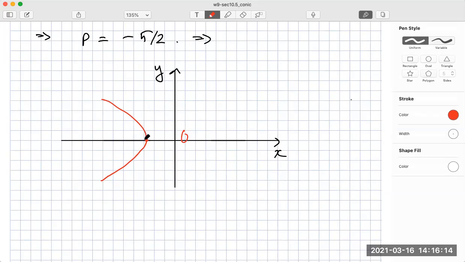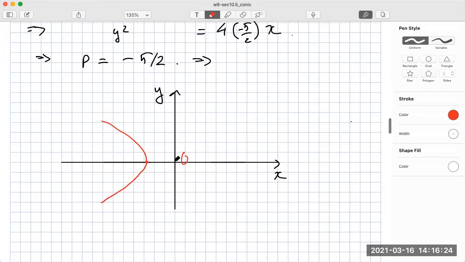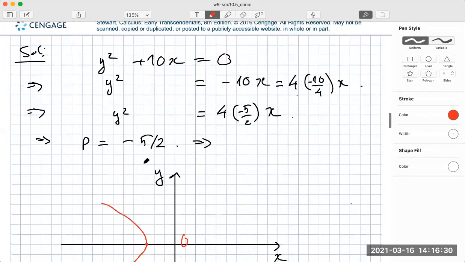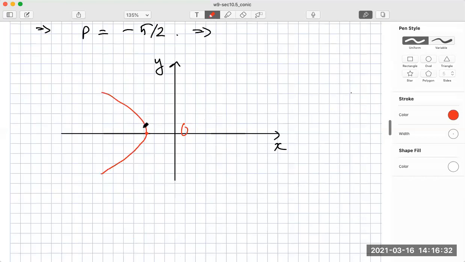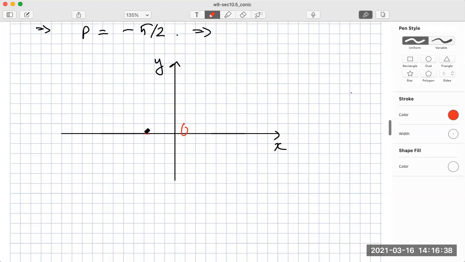Do you agree? By looking at the shape of this, we know that at y equal to 0, x will be the focus here, right? -5/2.